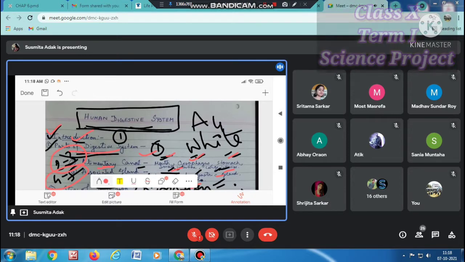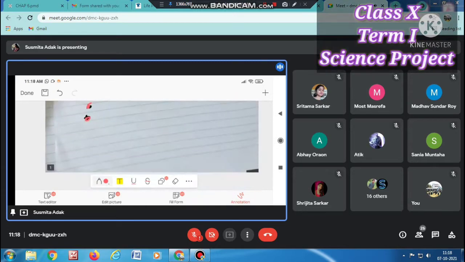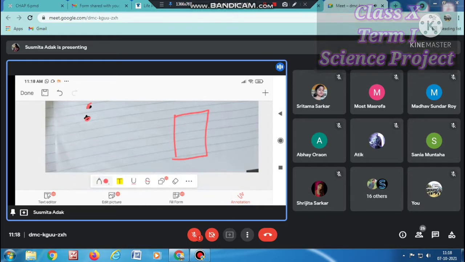Wherever you are writing these parts of digestive system, in page number 1, just think, whenever you are opening your copy, this is the cover page. Whenever you flip it, there will be 2 pages like this.